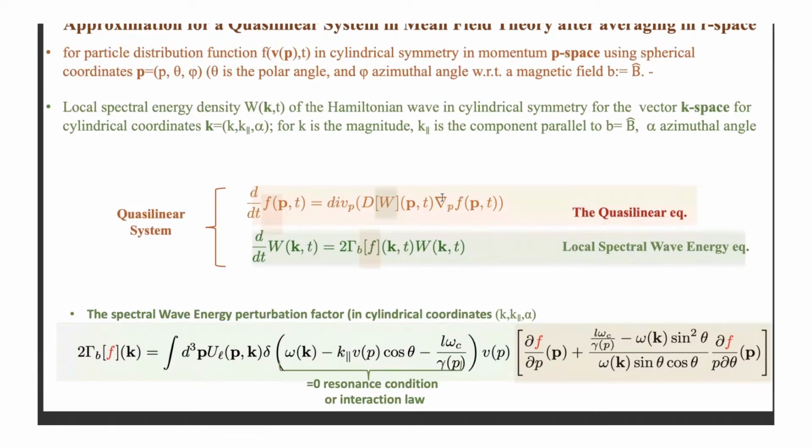So let me read it: local spectral energy density, W of k, t. You realize that now I drop the r, but I keep the time. Why is that? Look in a minute. This is the Hamiltonian in cylindrical symmetry, so here is cylindrical versus here is spherical, for the k space vector in the coordinates k parallel and alpha, as I described in the previous slide.